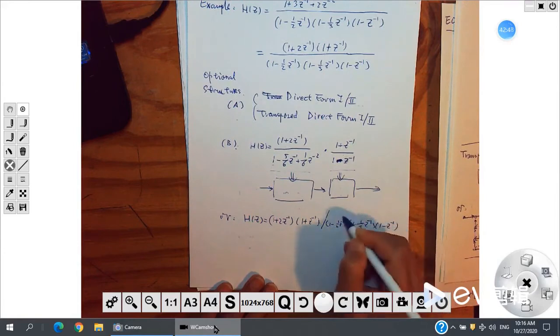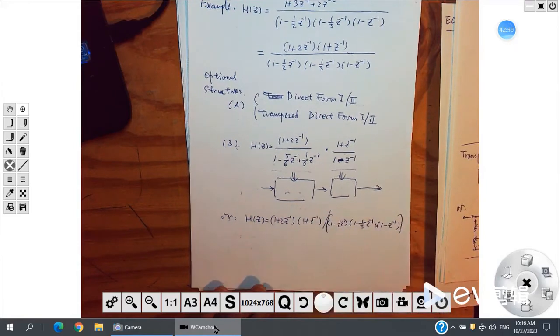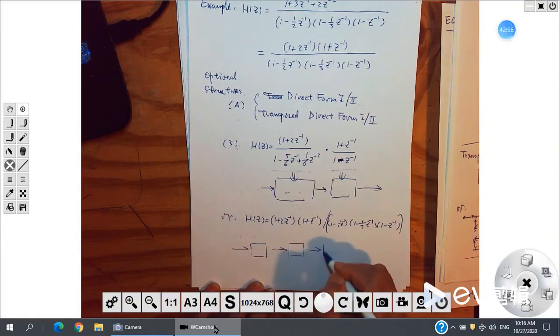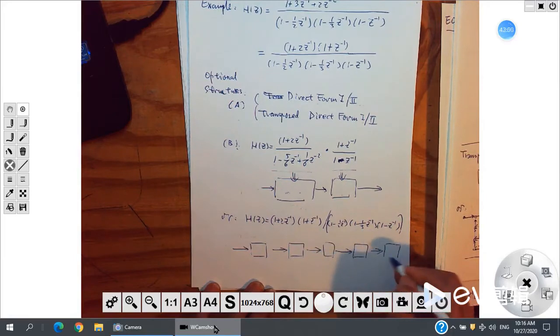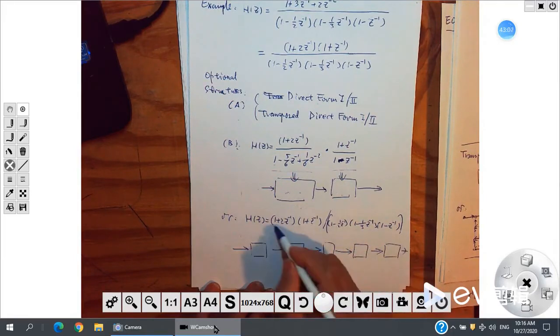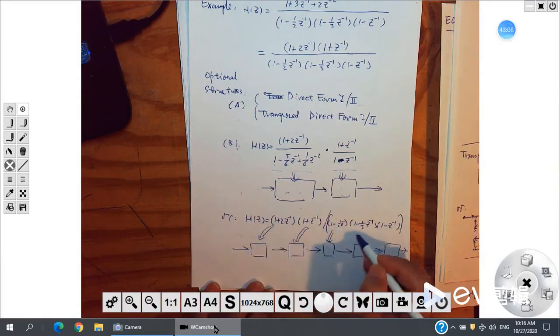Right? You just write in this way. Then you have structure. Each part you have the structure. You have this one go to here, this one go to here, this one go to here, this one go to here, this one go to here, right?